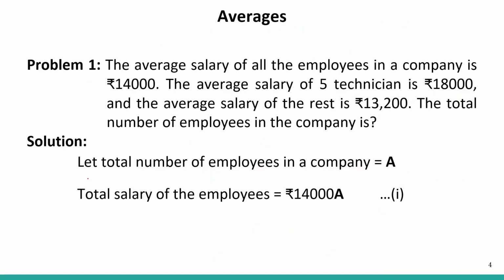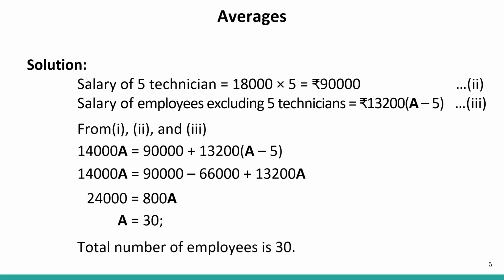Let's see the step-by-step solution. Let the total number of employees in the company be a. The total salary of those employees will be 14,000 a. The salary of the 5 technicians is 90,000. The salary excluding the 5 technicians can be calculated by multiplying a minus 5 with the average.